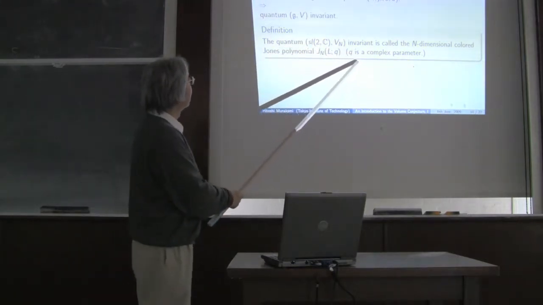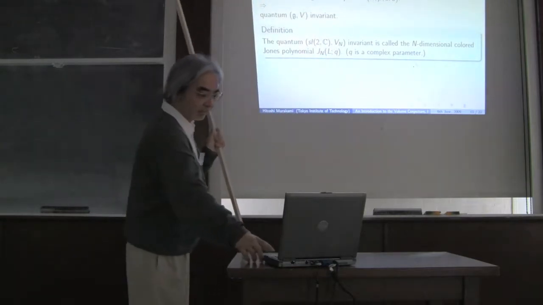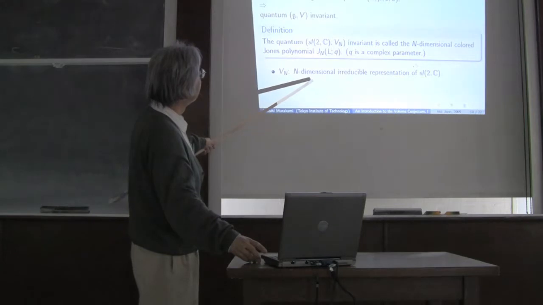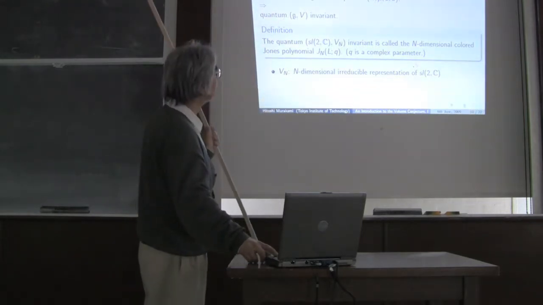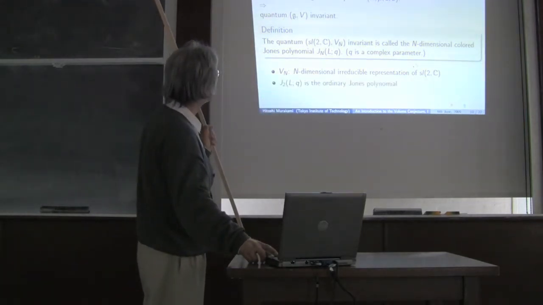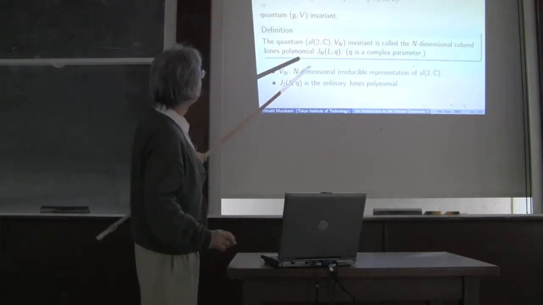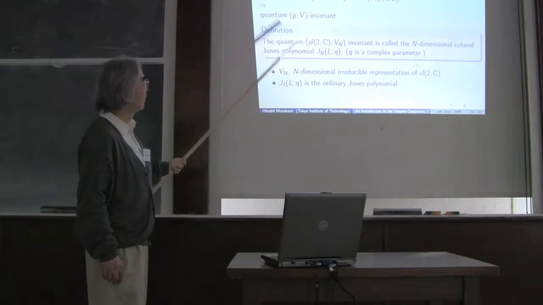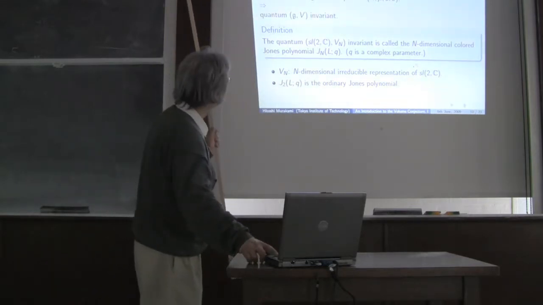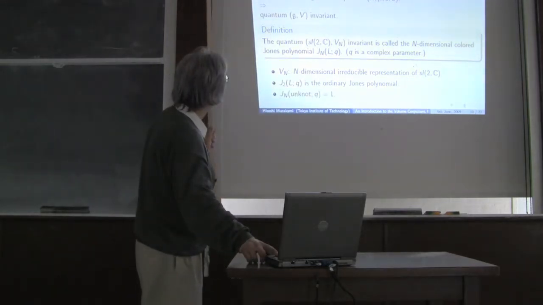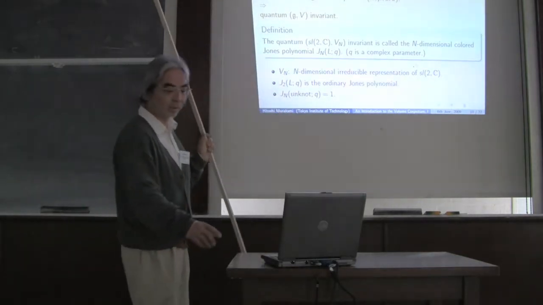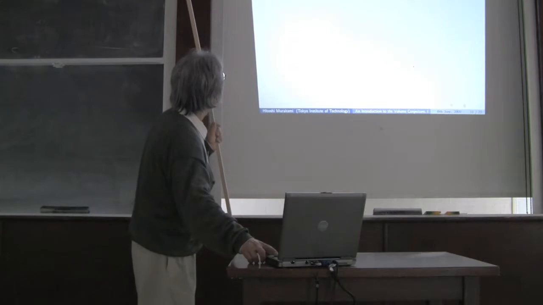Note that V_n here is the n-dimensional irreducible representation of sl2(C). If n is 2, it is the ordinary Jones polynomial. And we normalize our invariant so that for the unknot, the invariant is 1.